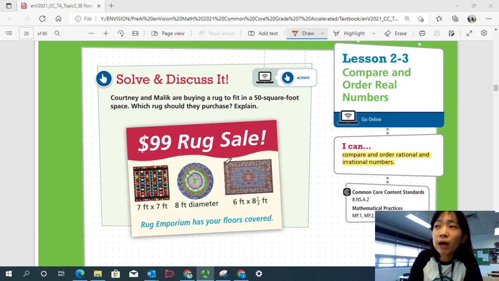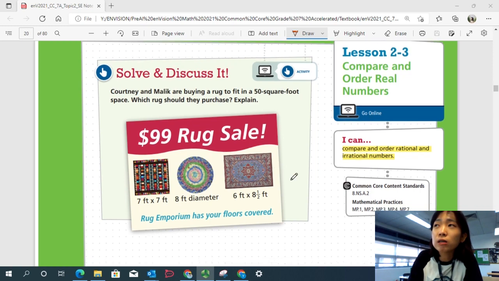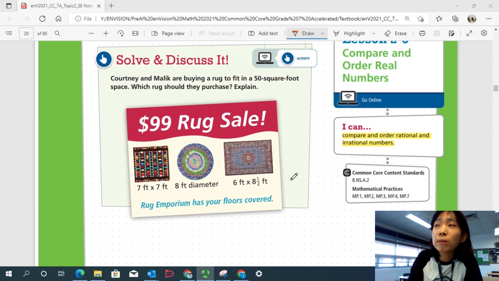So Rug Emporium has three different kinds of rugs, right? Which rug should they purchase if they want more material? They're all $99.